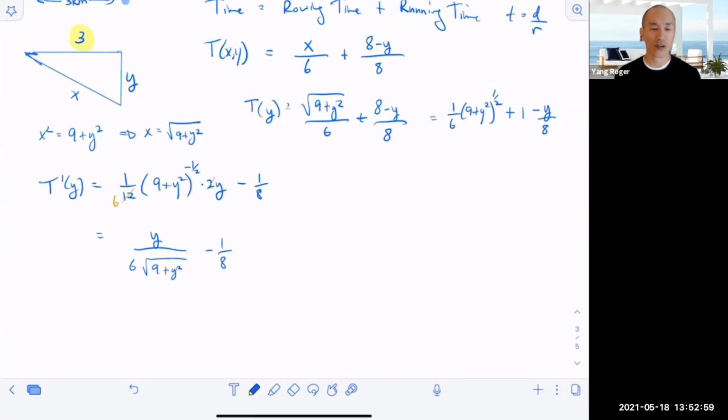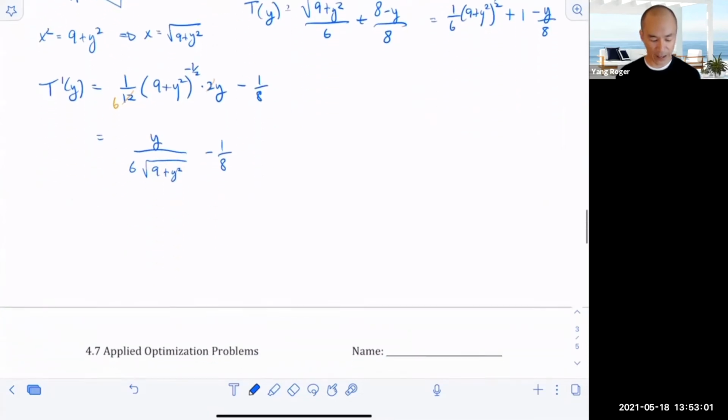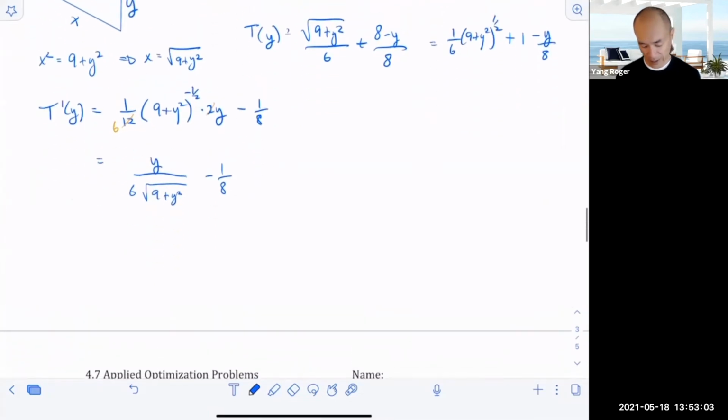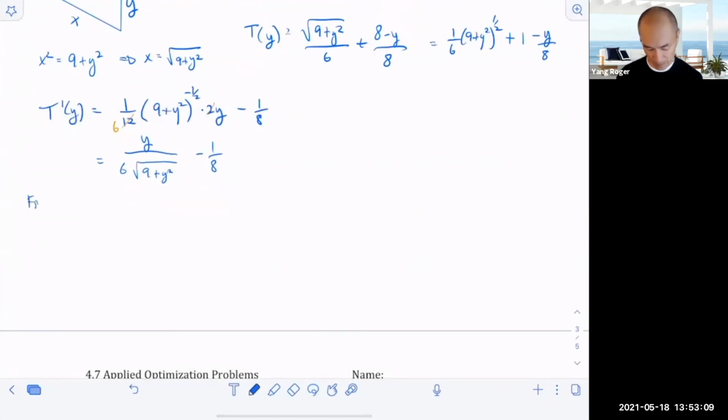And then what I want to do is find the critical values. So to find the critical values, I'm going to set this guy equal to 0. So we set the derivative equal to 0.